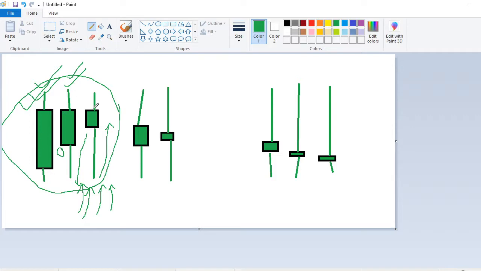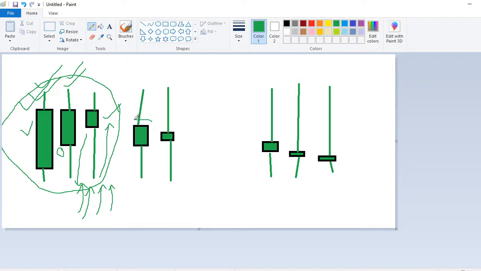So even though all these are green candles, this is strong bullish and this is a strong bullish reversal. That means the bears are there, but still the bulls pushed it up very aggressively. Okay, that's really good. Now how about these two? Look at this. It went down, pushed up, went up, pushed down.